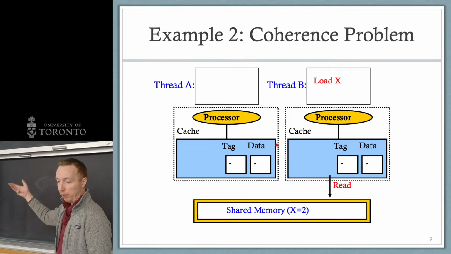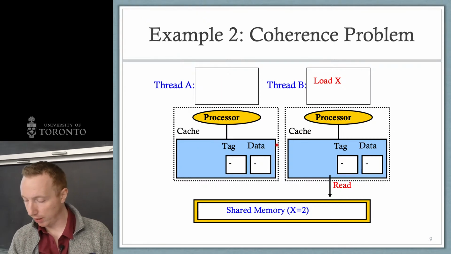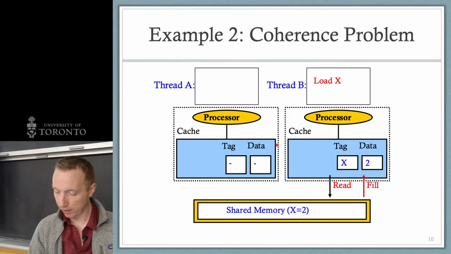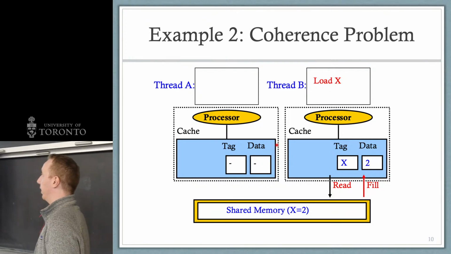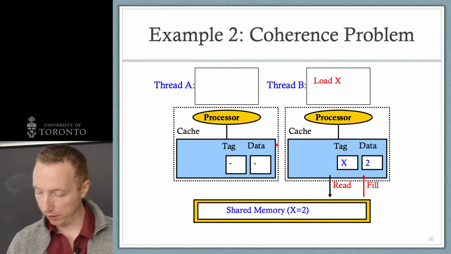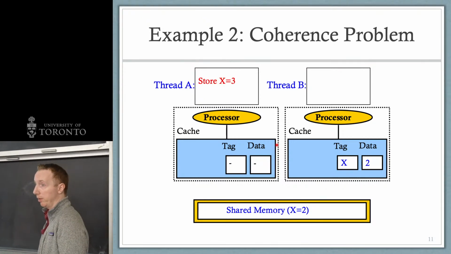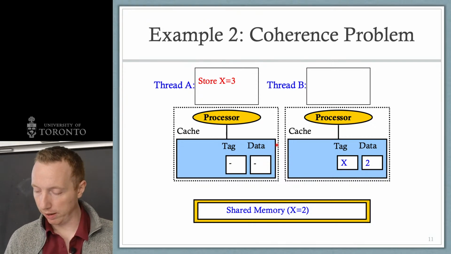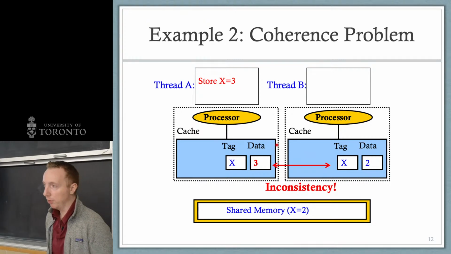That will cause a read from memory. Again, we're just assuming it starts from scratch. So that would cause a read from memory. So that would read that value in, and then in thread B, it would read the value 2. And now in thread A, when it stores, actually writes the value of 3 to X, well, it would just write it to its cache.